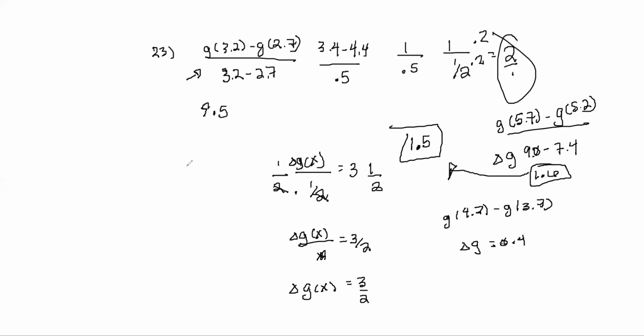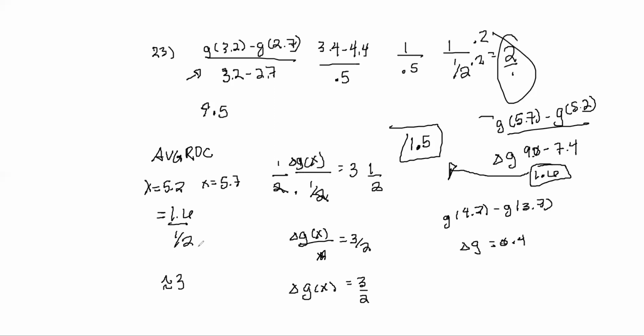So I'm going to say the point at which, so here what we've established is that the average rate of change between x equals 5.2 and x equals 5.7 is 1.6 over 1/2, which is going to pop back up, and it's going to be close to 3.